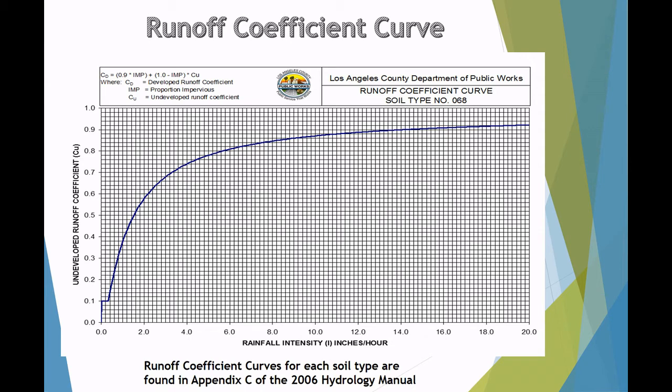This is an example of the runoff coefficient curve for soil type 68. With the rainfall intensity we calculated earlier, in this case the rainfall intensity IT, we can come to this curve to find the corresponding undeveloped runoff coefficient CU. With the undeveloped runoff coefficient CU, you can then calculate the developed coefficient CD. And with CD and IT, you can go back to calculate the time of concentration TC.